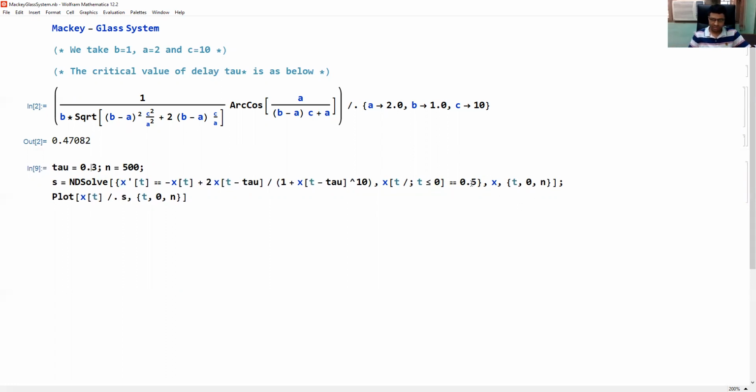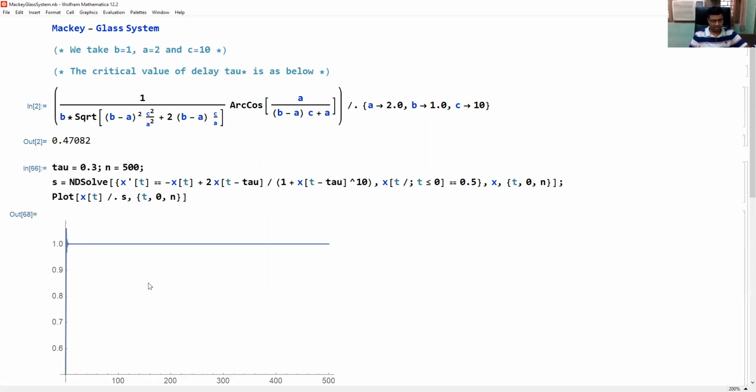So this is the initial data, then this is the dependent variable x, and the next list is time. This is the time variable t which we are using, from 0 to n, starting value, ending value. And then we plot x of t, where the slide dot means replace x by the value from S. T is from 0 to n. We may select another range also.